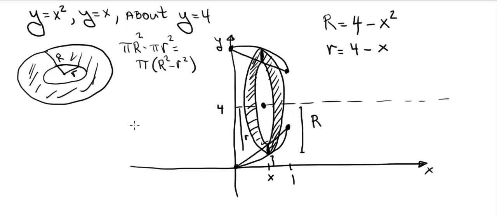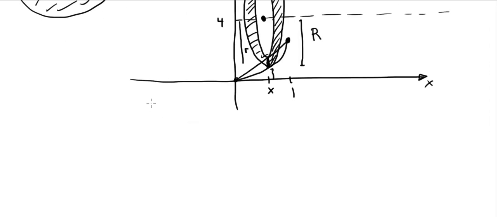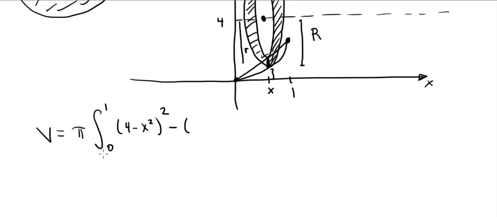And now the problem becomes of integration. The volume is pi times the integral from 0 to 1 of big radius squared minus small radius squared. So let's simplify this.